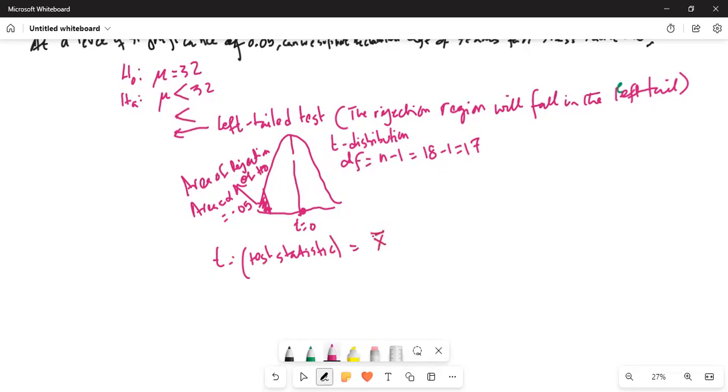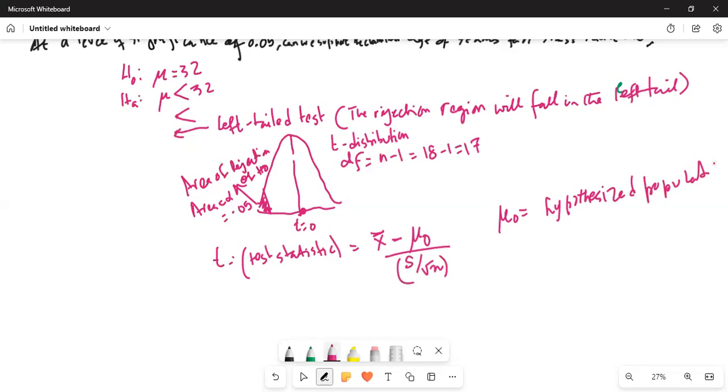x-bar, the sample mean, as compared to the hypothesized population mean, divided by s over square root of n. Mu 0 is the hypothesized population mean. Mean is equal to the value in the null hypothesis in H sub 0.